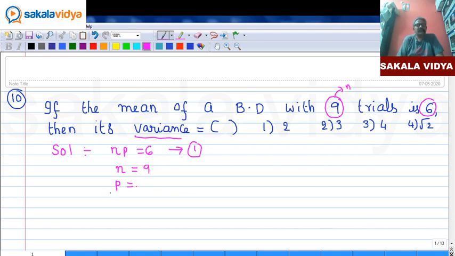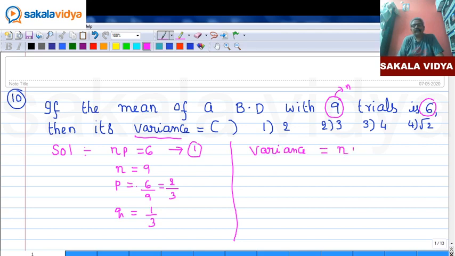P equals to how much? 6 by 9, that is 2 by 3. Now, Q will be 1 by 3. Now what we need to find out? Variance. Variance equals to formula NPQ. N is 9, P is 2 by 3, Q is 1 by 3. 3 into 3 is 9, 9 cancel. So 2. First option is the right option.